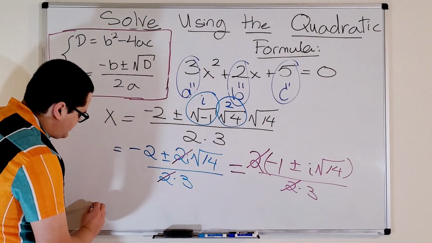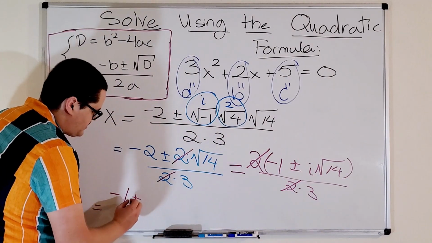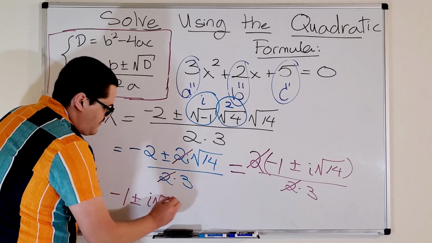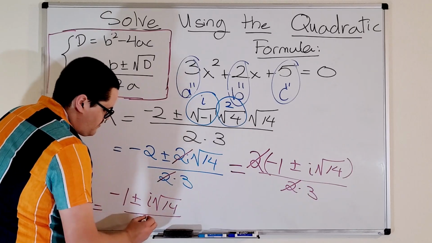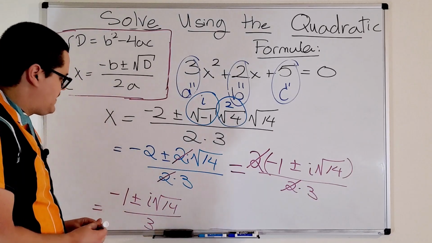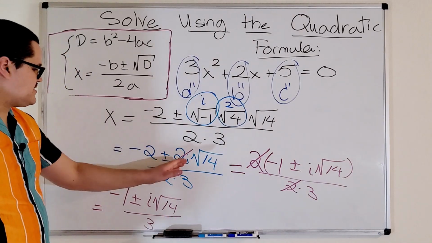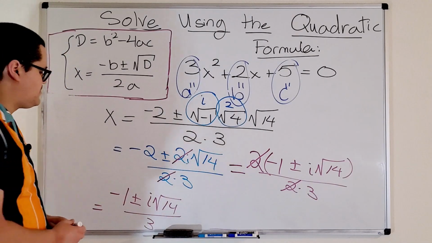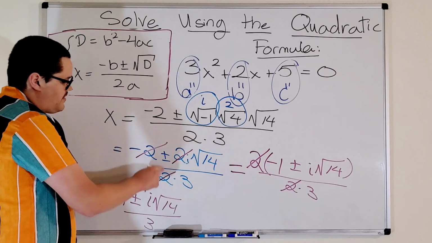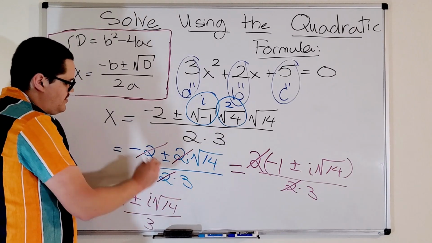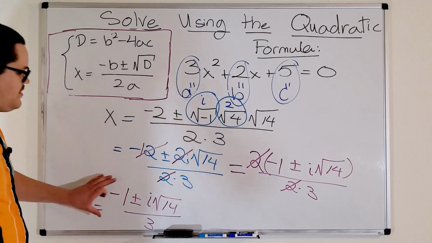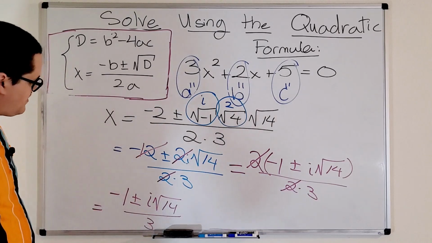And so our final answer is negative 1 plus or minus i root 14 over 3. So effectively what we're doing is we're canceling not just this 2 upstairs, but also this one. Remember, when we do negative 2 divided by 2, we're left with negative 1, which gives us this answer here.